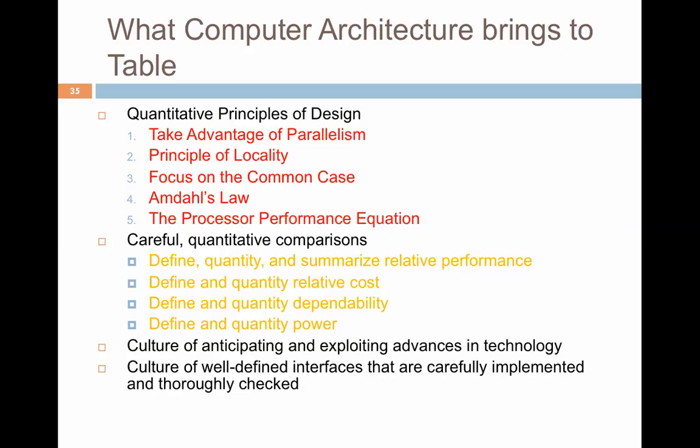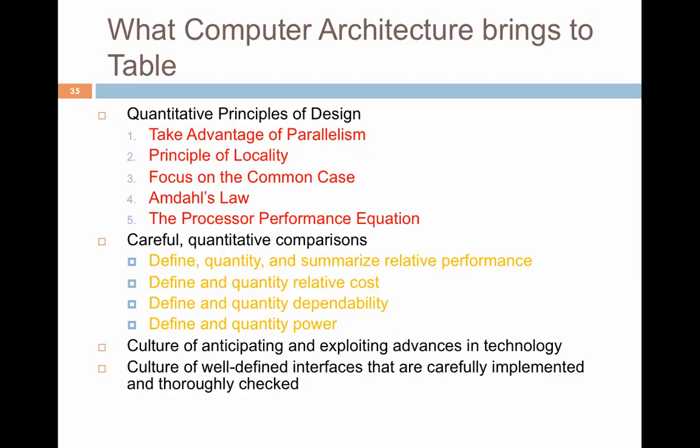When we define large systems, we also want to talk about dependability or availability. How often is this system available? And obviously the last thing is power. So what we computer architects bring is a culture of anticipating and exploiting technology advances, right? How technology is going to advance into the future.